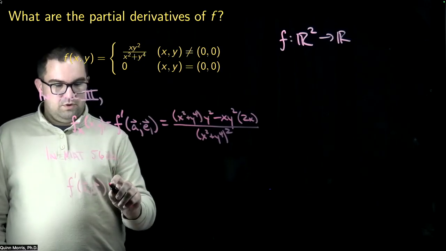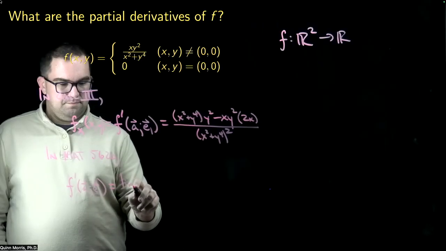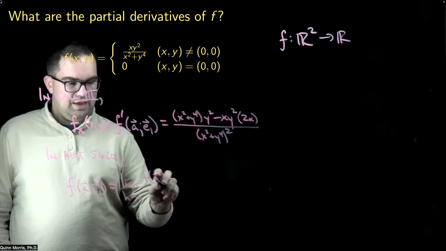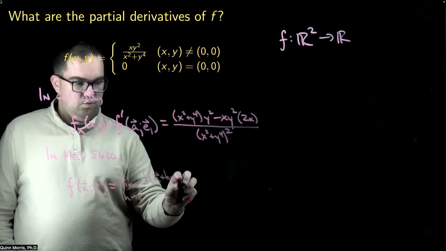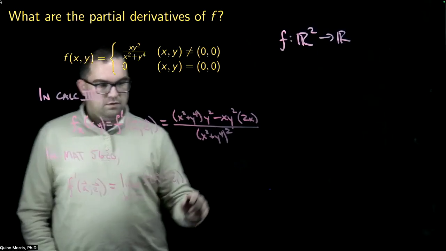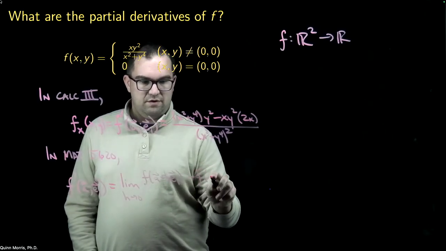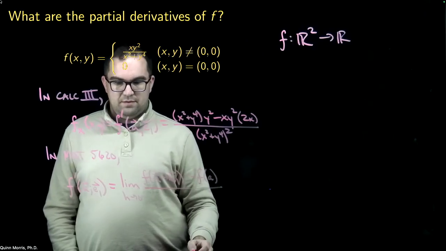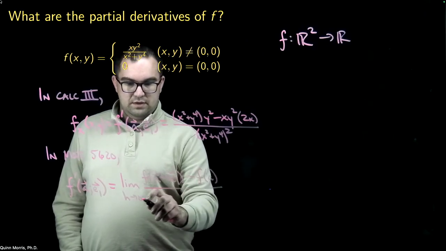Okay. So what should this be? This should be the limit as h goes to 0 of f of a plus h e1 minus f of a, divided by h.